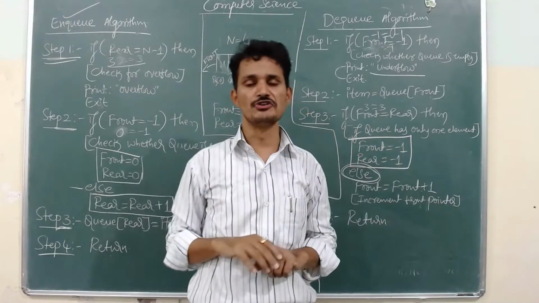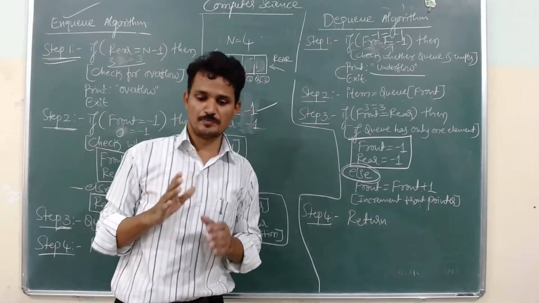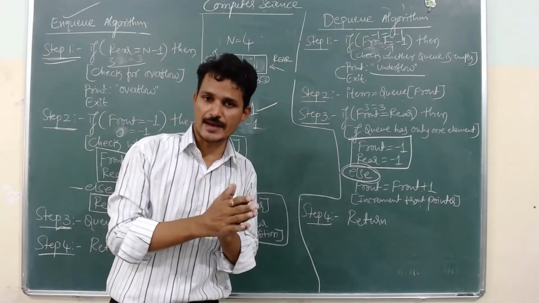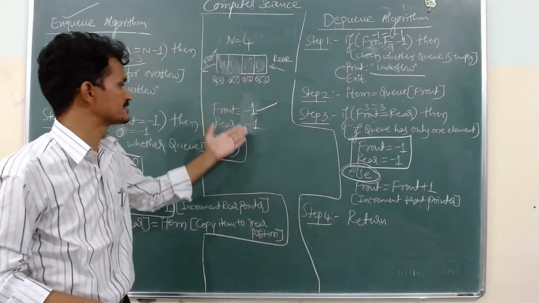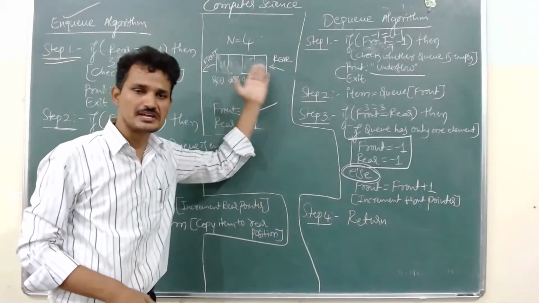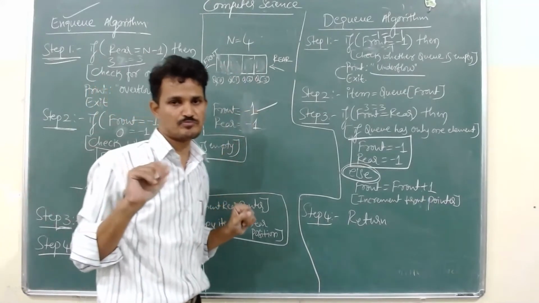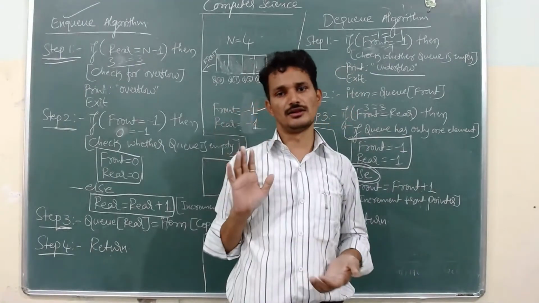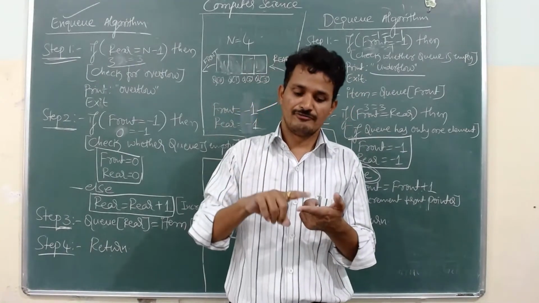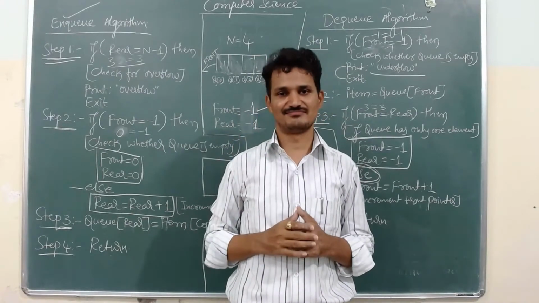Along with that, the two beautiful conditions, let me remind you once again. The first one: when the queue is empty, front is -1 and rear is -1. That is what we are displaying now. Initially the queue is empty. What is the value of front? -1. And rear? -1. The second condition, when the queue is full: front is 0, rear is n-1.